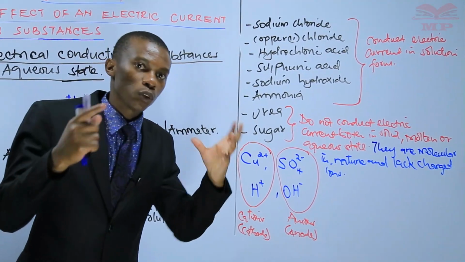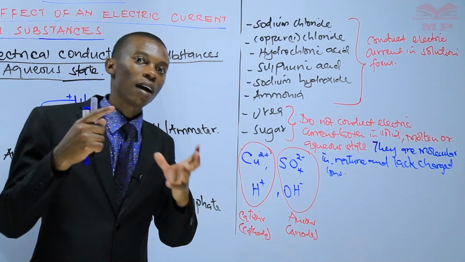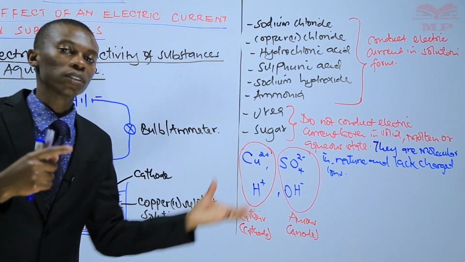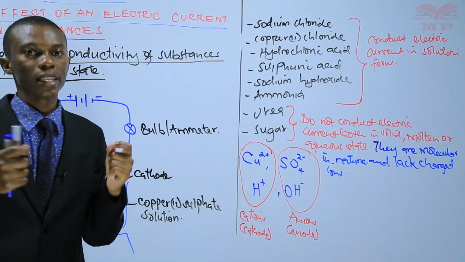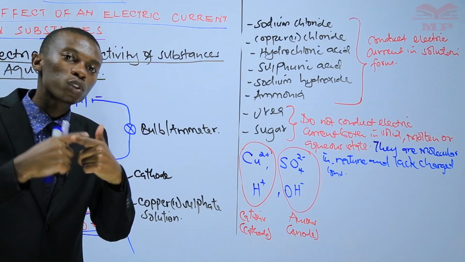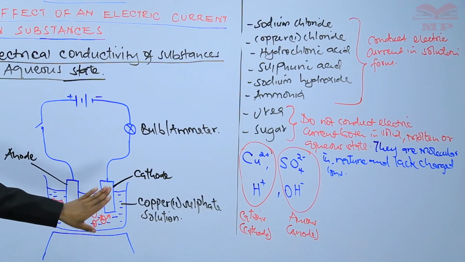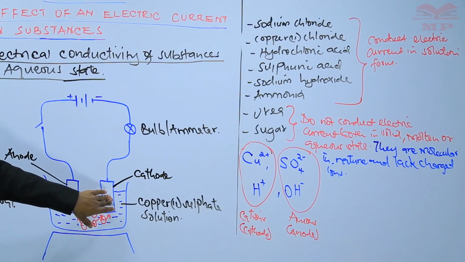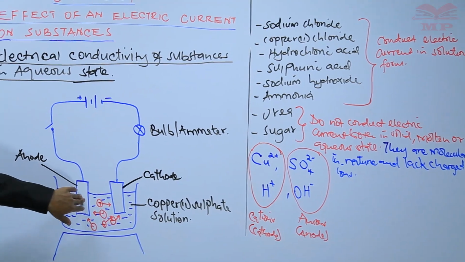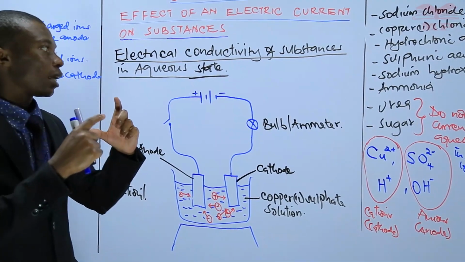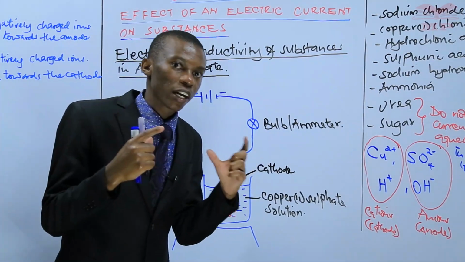Once you form solutions of those substances, you will have the anions and the cations in that solution. The movement of the cations to the cathode and the anions to the anode will cause electric current to be conducted.